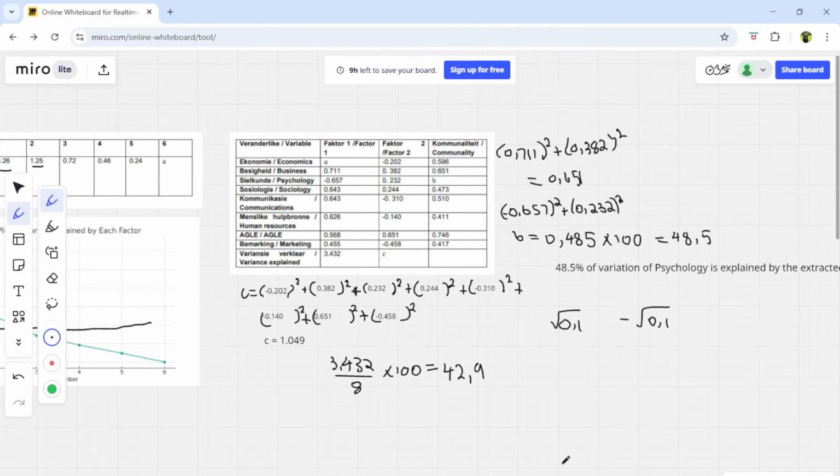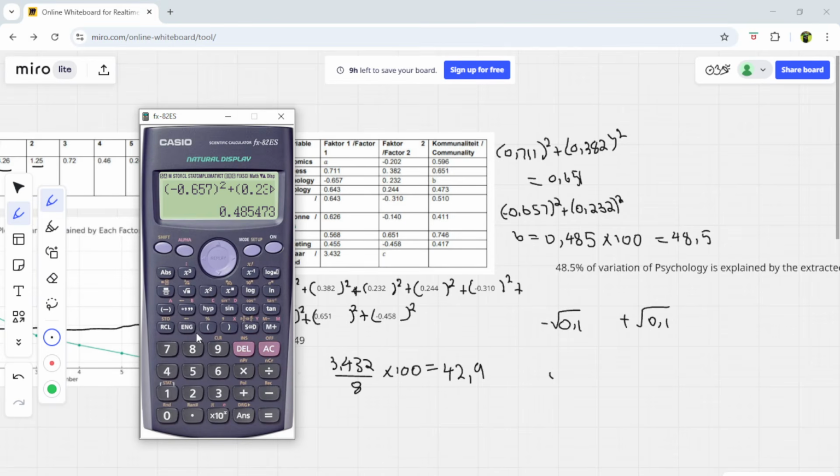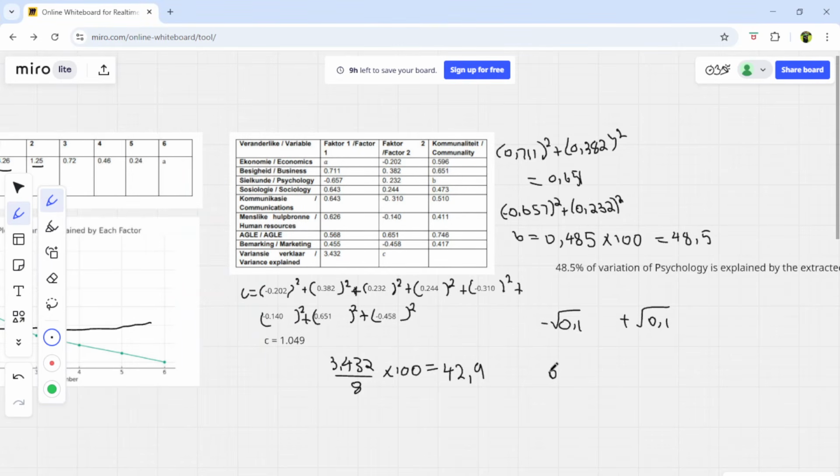Let me say plus here, the positive 1, and then here the minus 1. If you take this on your calculator and calculate minus the square root of 0.1, you get 0.316. So 0.316 is our guideline.